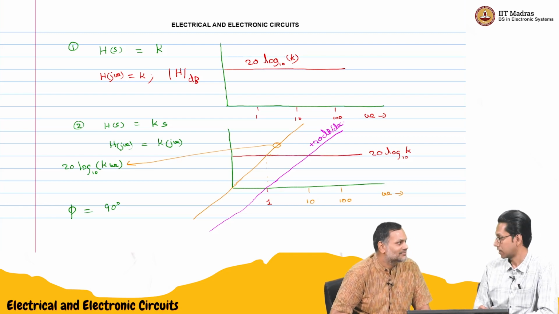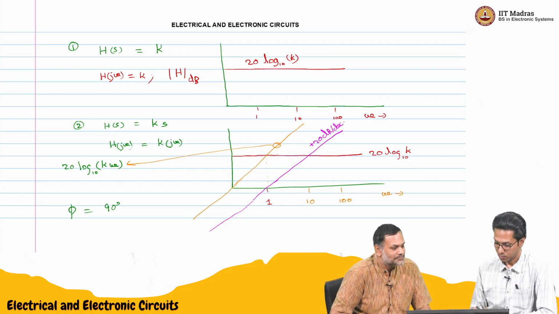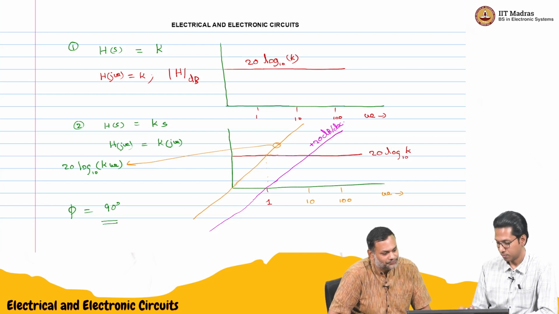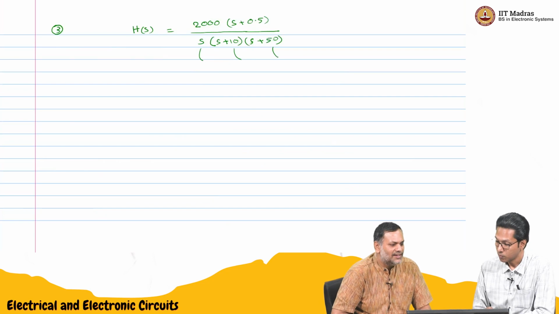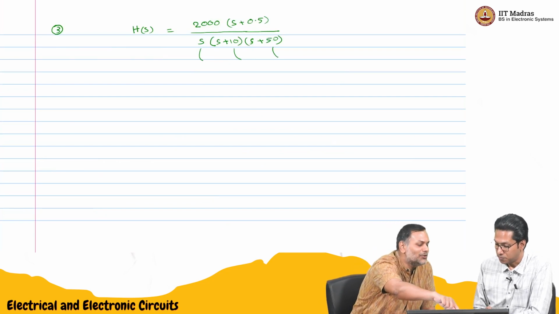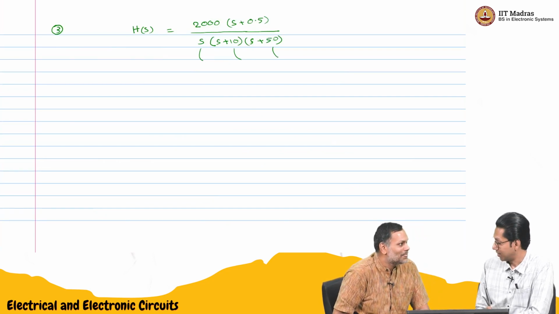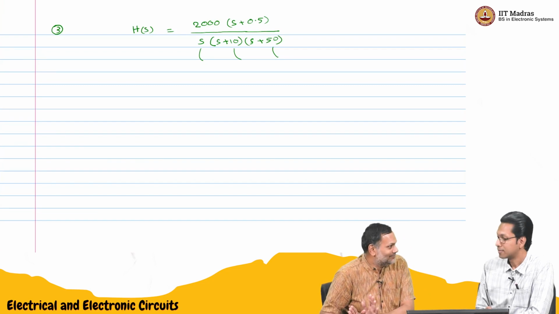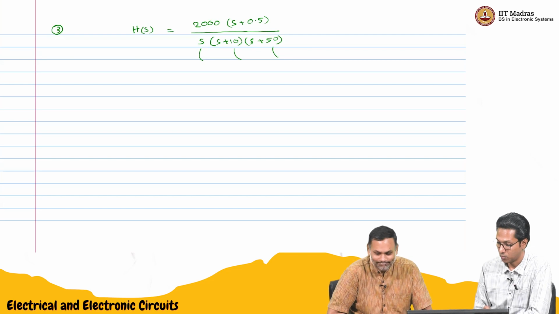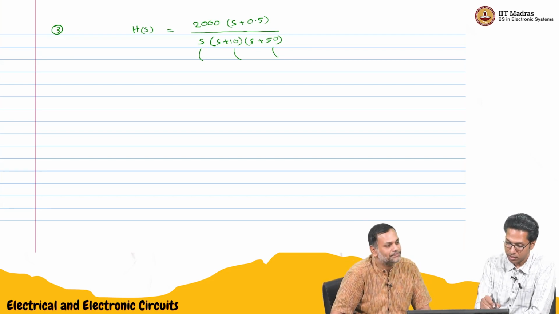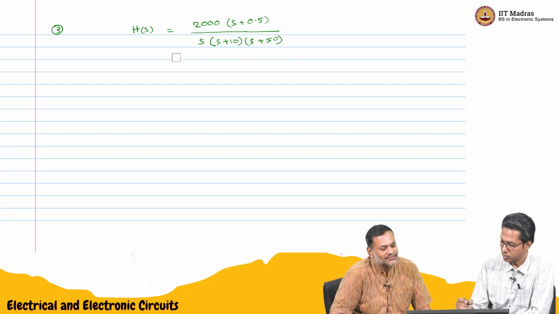So the phase plot is obvious, at plus 90 degrees. And here, because now you have a standalone s, you can write it as s plus 0 if you want. So it is a pole at the origin. Now this we may have to rewrite into some fashion.